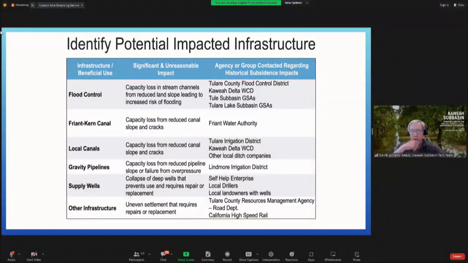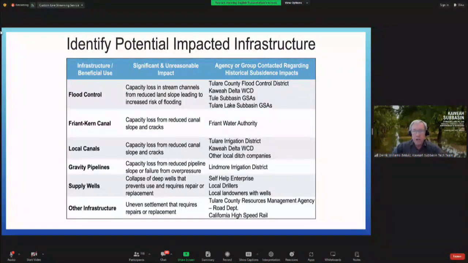Two infrastructures proved to be the most limiting for subsidence: the Friant-Kern Canal and flood control mitigation. In coordination with the Friant Water Authority, the GSAs agreed that no new subsidence is acceptable along the Friant-Kern Canal.